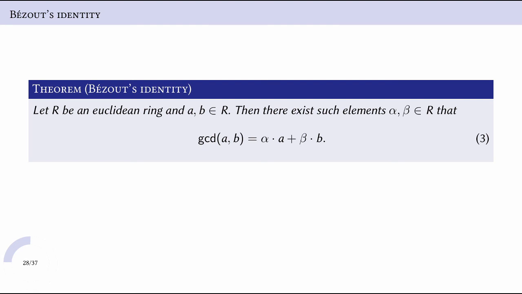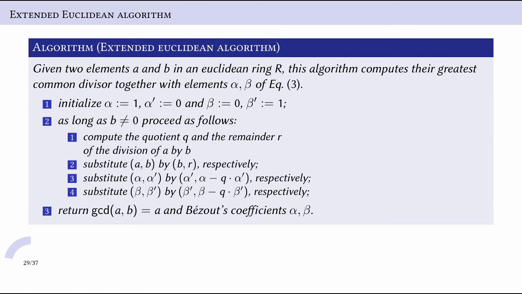And in fact, just directly implementing this proof of the Bezout identity in the form of an algorithm, we obtain the following algorithm, which is called the extended Euclidean algorithm.